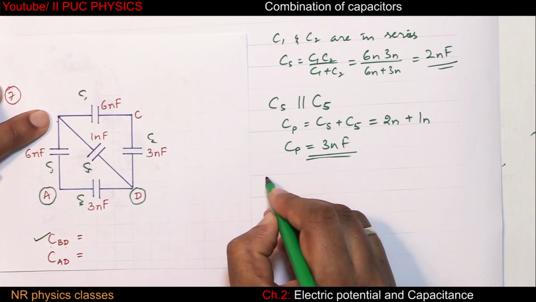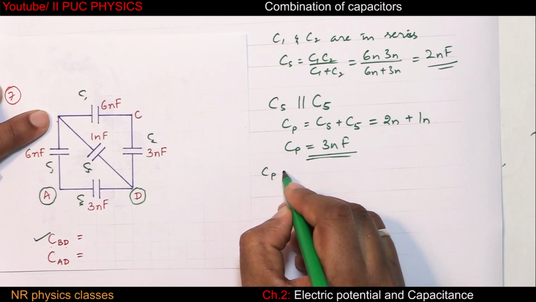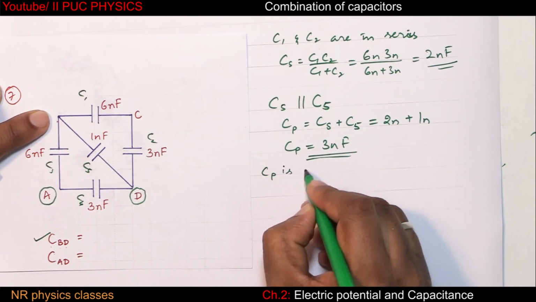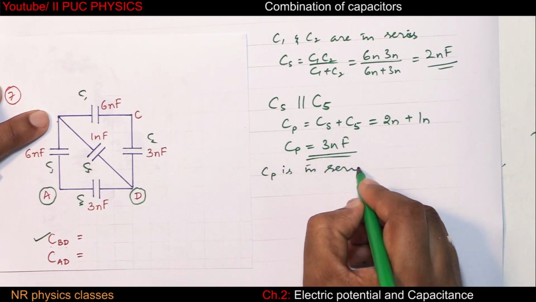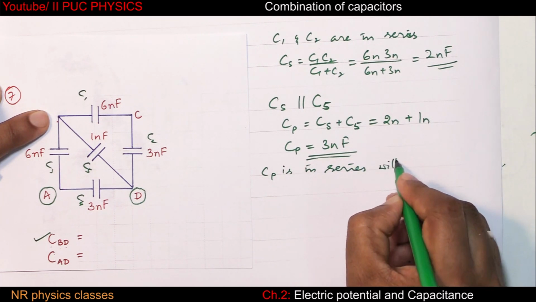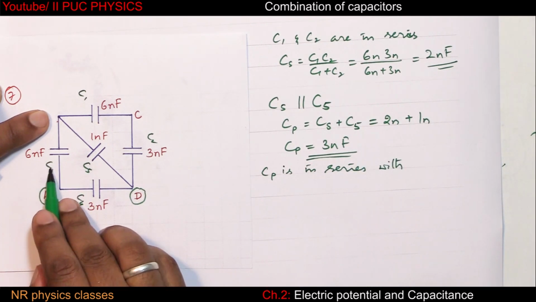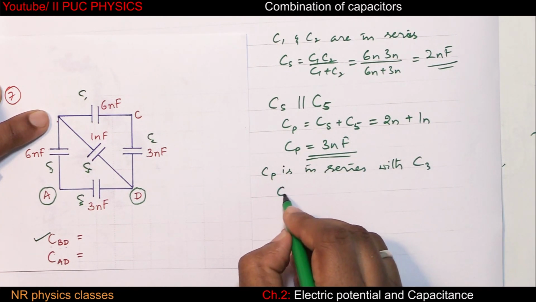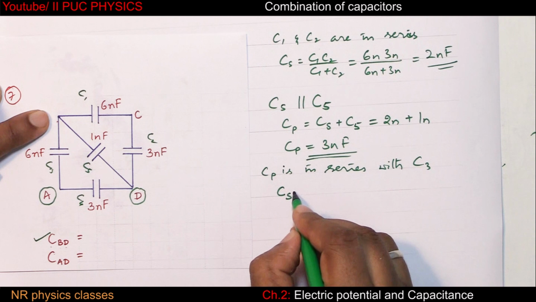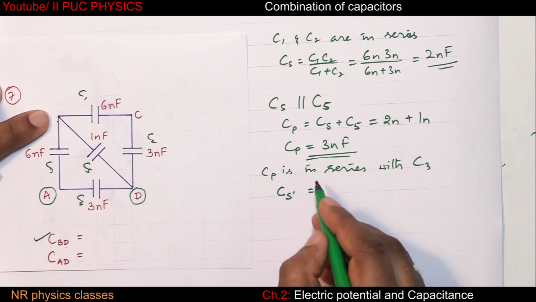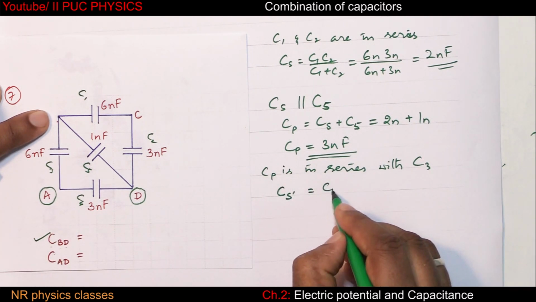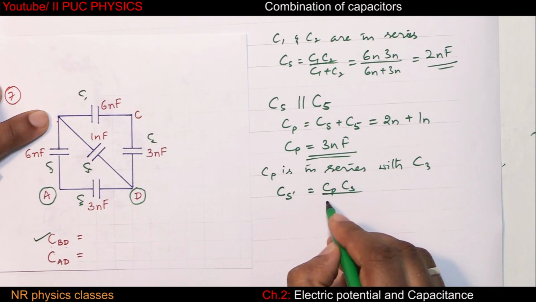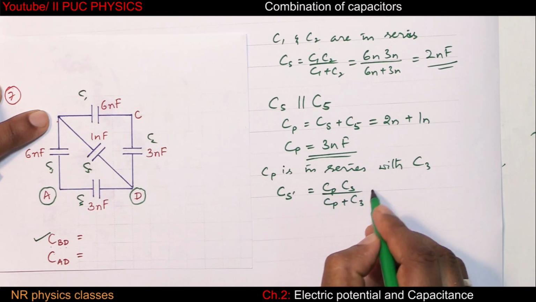Now CP is in series with C3. This is 3, C3. Therefore, C series dash equals, these two are in series, CP C3 by CP plus C3.